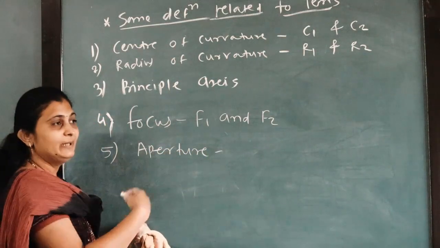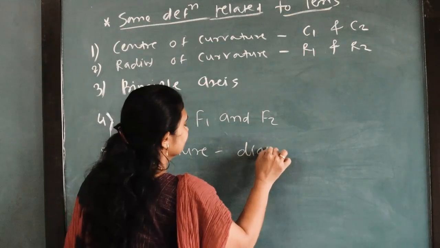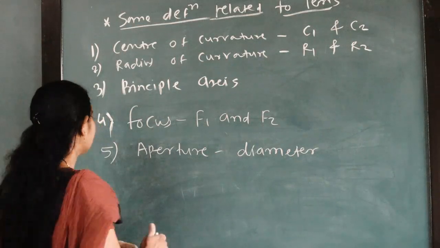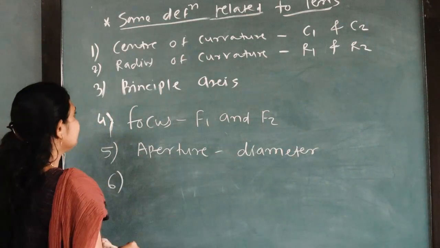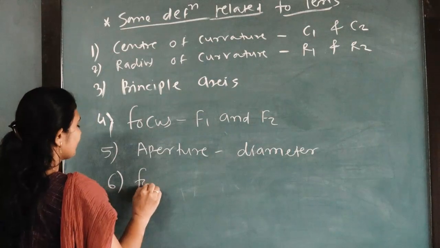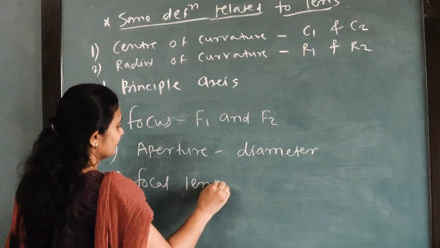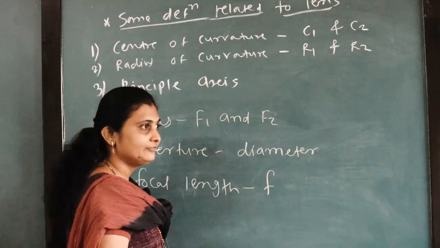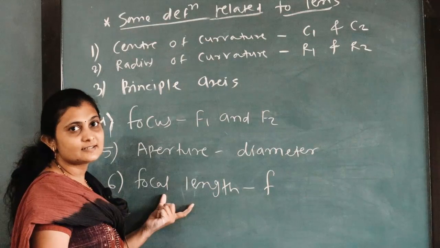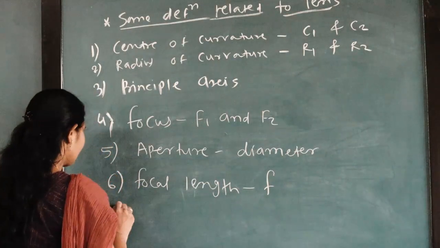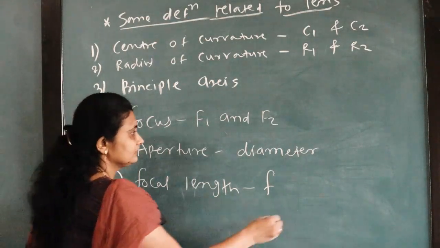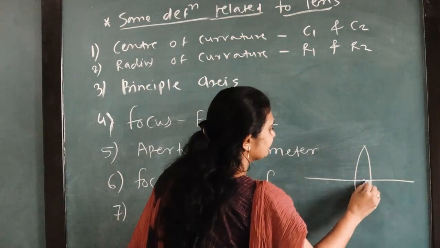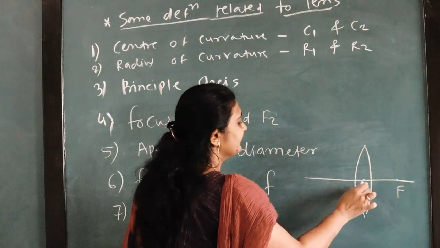Aperture, the diameter of the lens is called the aperture. Next definition is the focal length, denoted by small f. It is the distance between the center of the lens and the focus point.